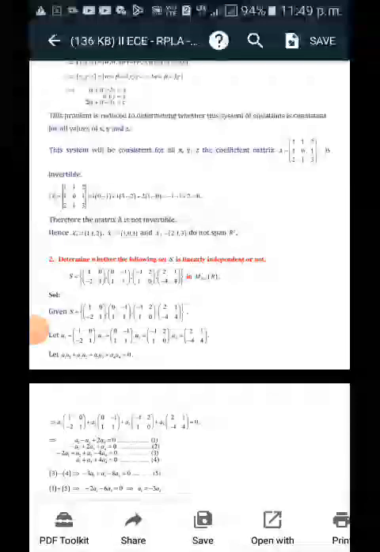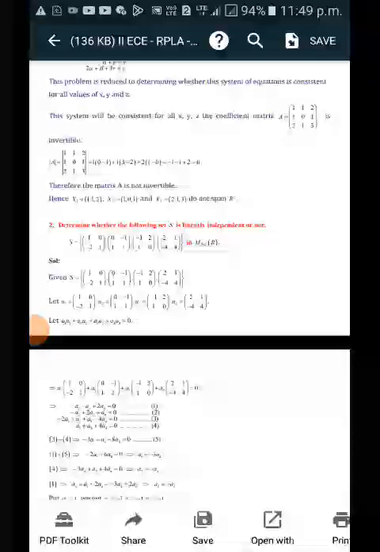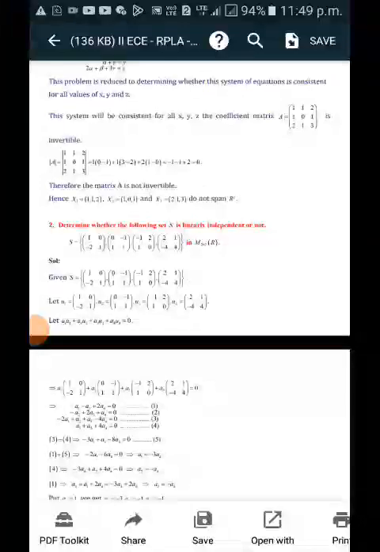So these 4 matrices, that is 4 vectors, are represented by a linear combination using the scalars a1, a2, a3, a4. That is, let us take a1 u1 plus a2 u2 plus a3 u3 plus a4 u4 equal to 0.